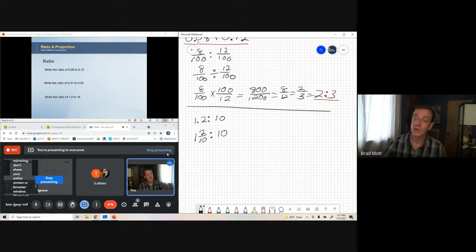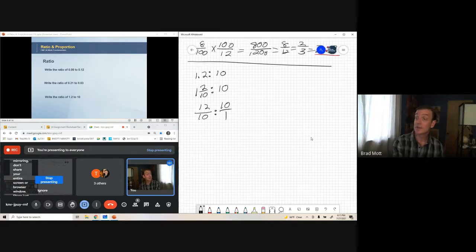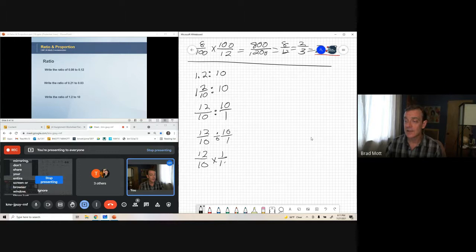So 10 times 1 is 10, plus 2 is 12/10 as a fraction, and then 10 over 1. Okay, remember 10 divided by 1 is the same as 10. So let's go ahead and solve this. 12/10 divided by 10/1, 10 over 1. Solve that by multiplying by the inverse, 1/10.